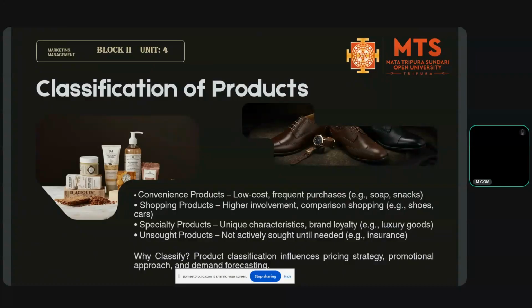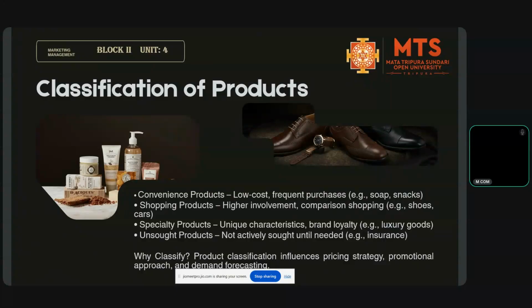You will buy that over a longer period than normal, and it has unique characteristics, brand loyalty, and is a highly costly product. Or you can say luxury products.